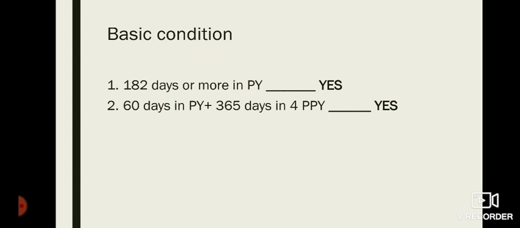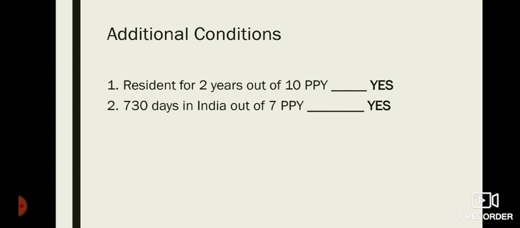Mr. Arun has fulfilled both basic conditions, that is staying in India for 182 days in the previous year and also staying in India for 60 days in the previous year plus 365 days in the 4 preceding previous years. Coming to additional conditions.